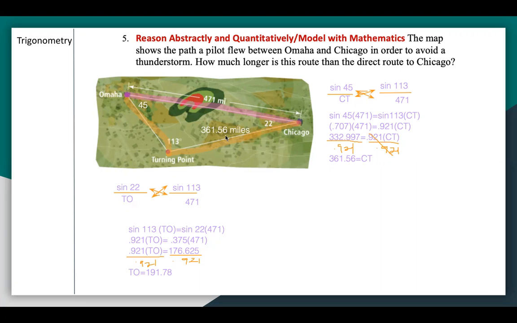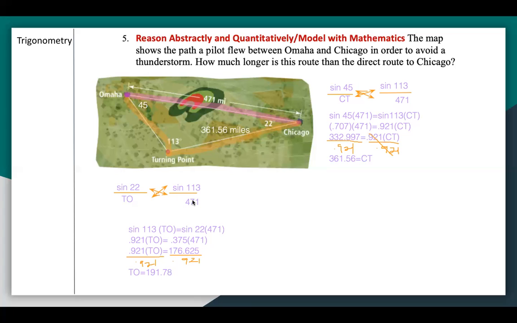But at this point, if I cross multiply this proportion, it should be the sine of 113 times TO. That should be equal to the sine of 22 times 471. We already said in the previous proportion that the sine of 113 is 0.921.